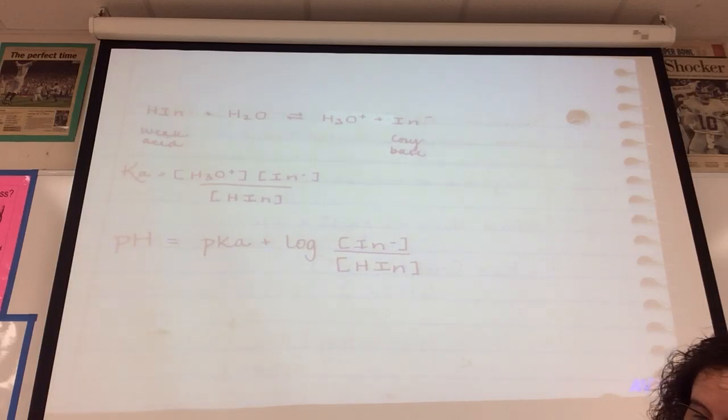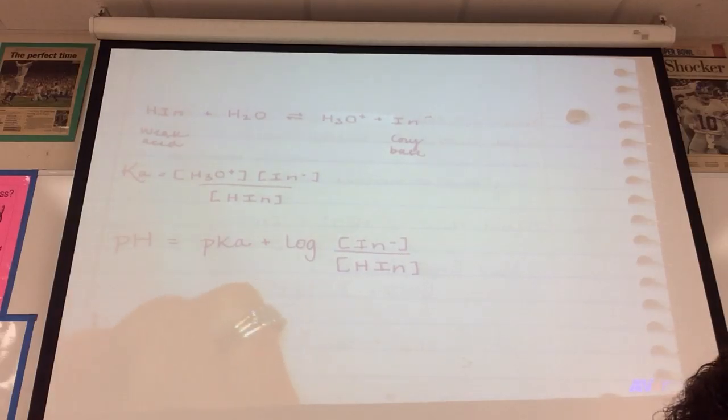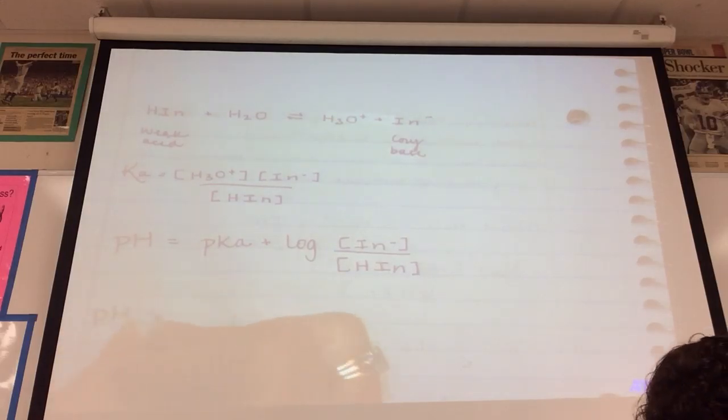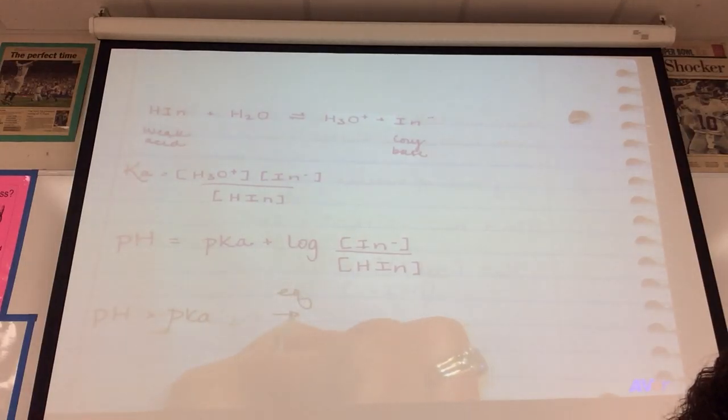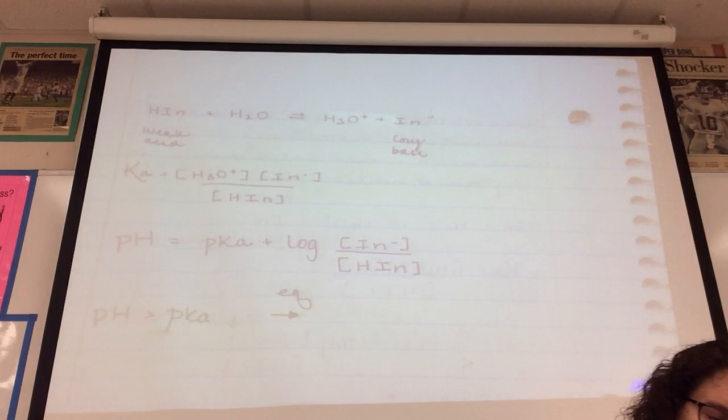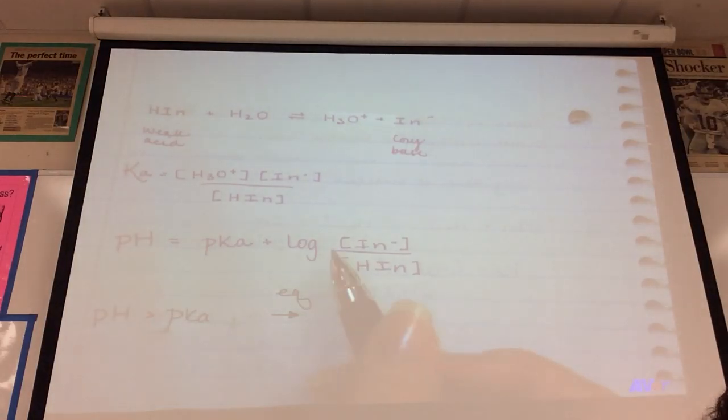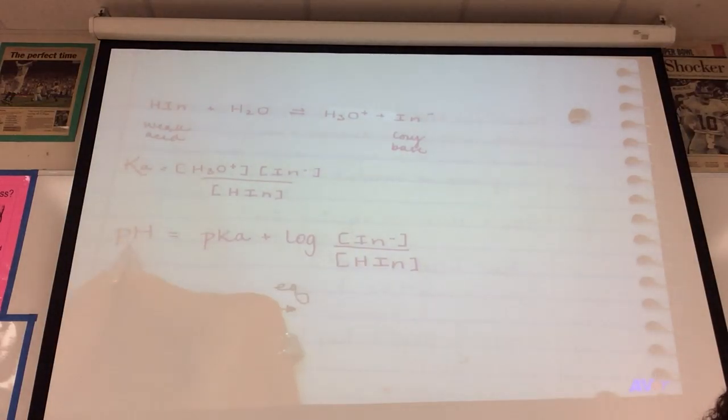It says if pH is greater than pKa, equilibrium is going to shift in the forward direction. And let's examine this. If pH, let's say, is 5 and pKa is 3, equilibrium shifts in the forward direction.